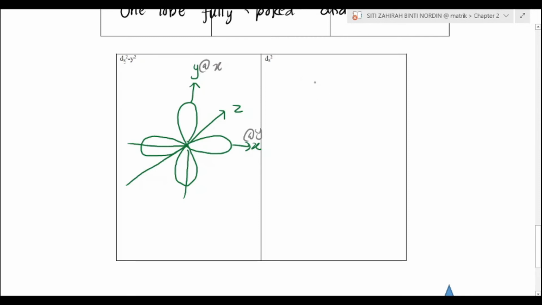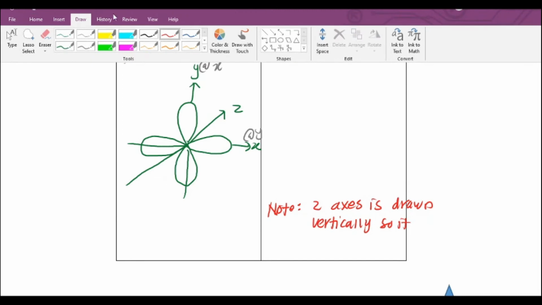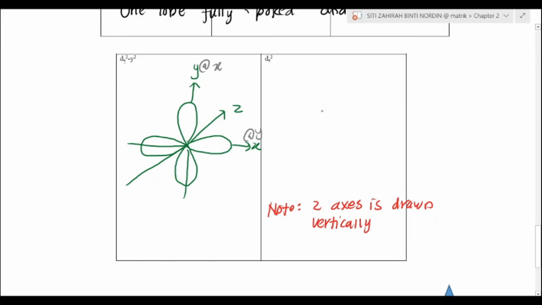For dz square, make a note first. Note that for dz square, the z axis is drawn vertically. So it would become easier for you to draw your dz square. dz square is quite complicated to draw.